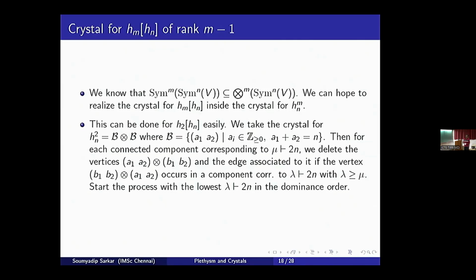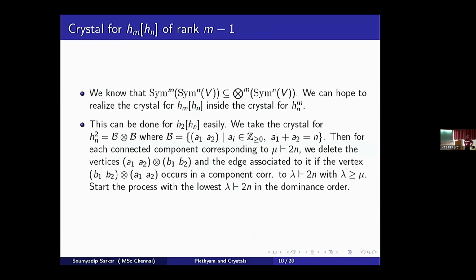Now, one observation is that Sym^m(C^n) lies inside the m-th tensor power of C^n. So what I am hoping for is that one can realize the crystal for the plethysm inside the crystal for H_n to the power m. But what do I mean by inside? I will explain that by an example.